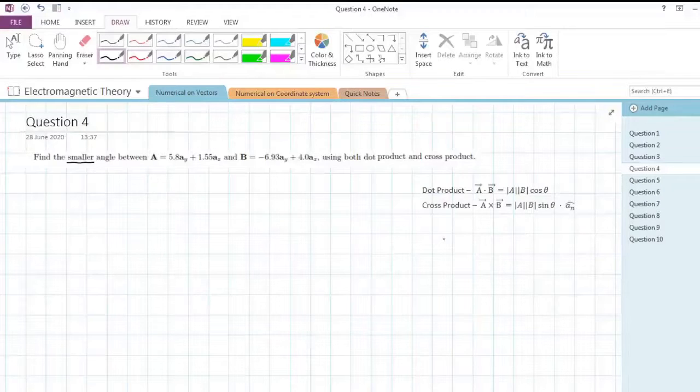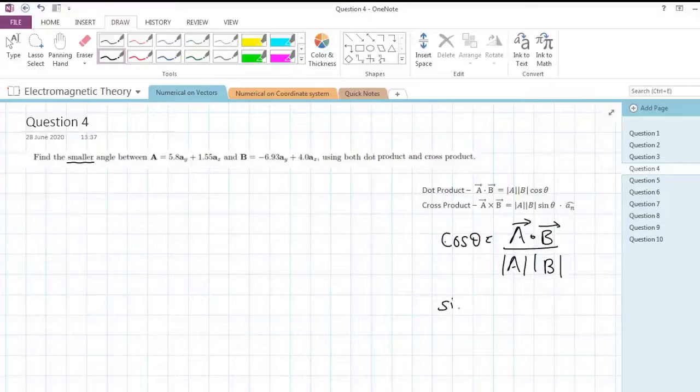So using the dot product formula, we can write cos theta is equal to A dot B divided by magnitude of A multiplied by magnitude of B. Similarly, with cross product we can write sin theta is equal to A cross B divided by again magnitude of A multiplied by magnitude of B. The difference we should notice is that the right hand side of the cos theta term will all be scalar.